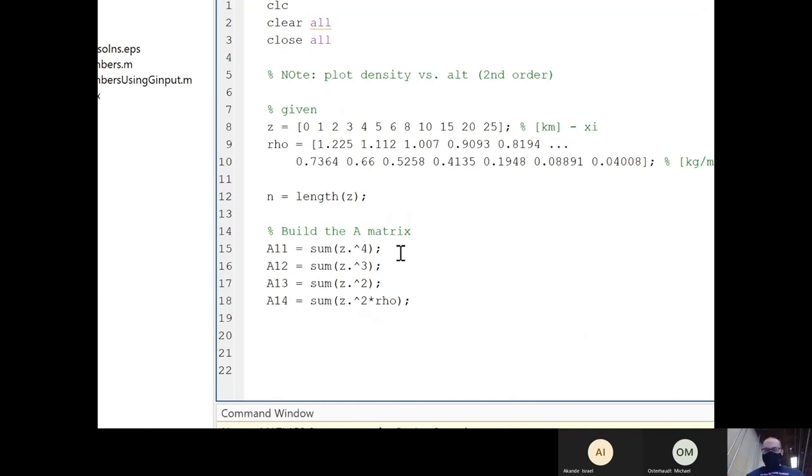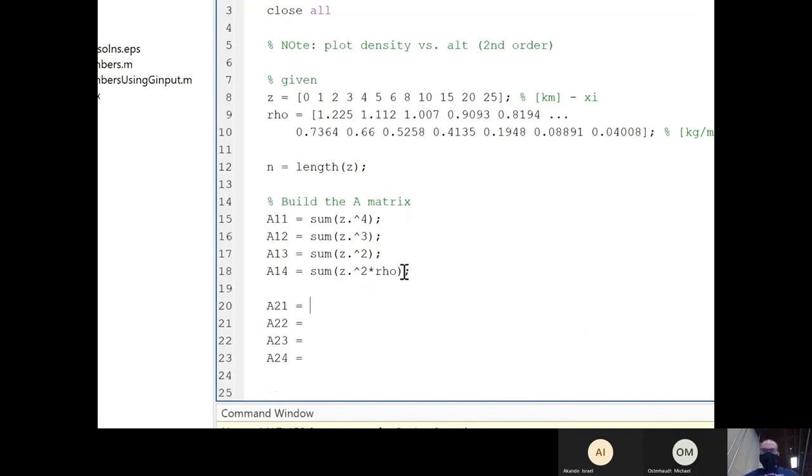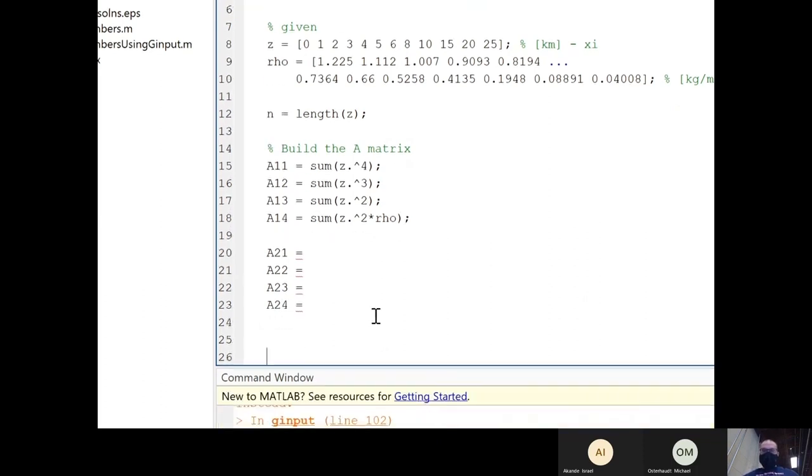All right, we got a lot: A21, A22, A23, A24. So 2-1. Can I do this? Is A21 equal to A12? I think so, yep.